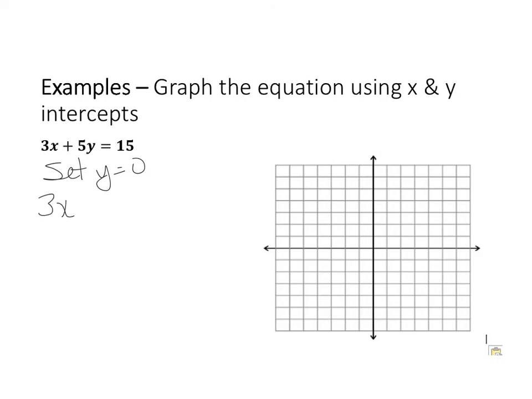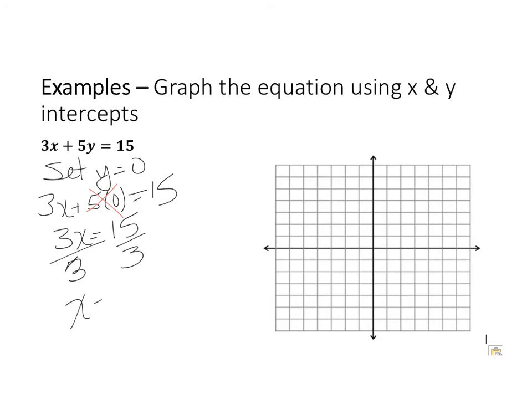Then the term with y goes away, and I'm left with an x, a one-step equation. So my x-intercept is 5. I can go ahead and plot that point: 1, 2, 3, 4, x equals 5 on the x-axis.